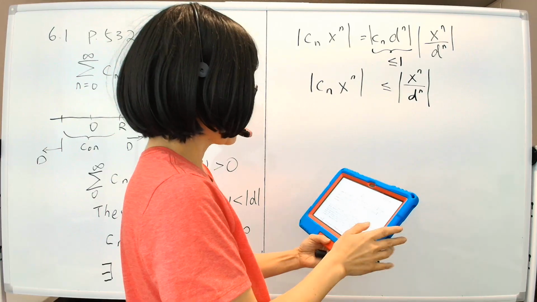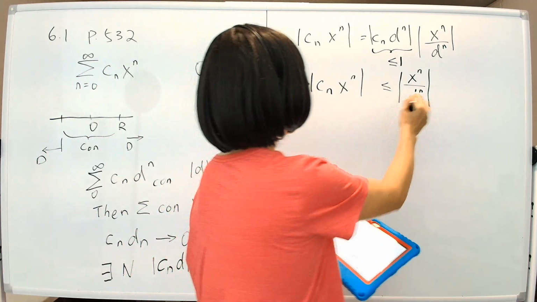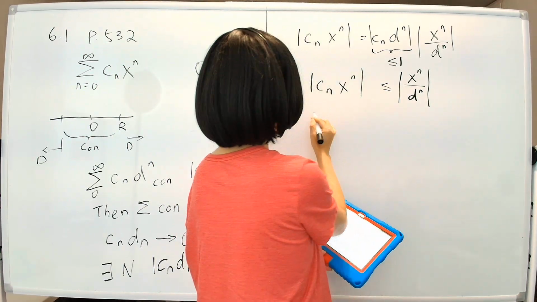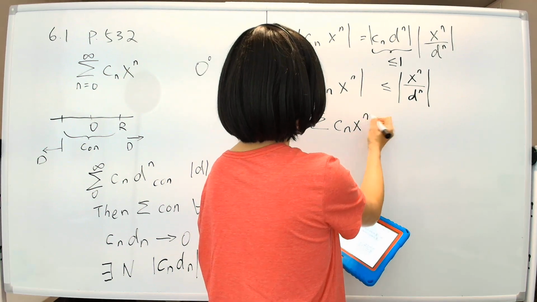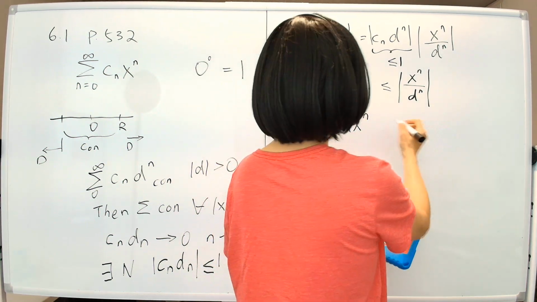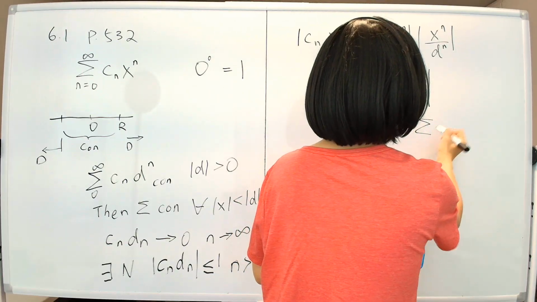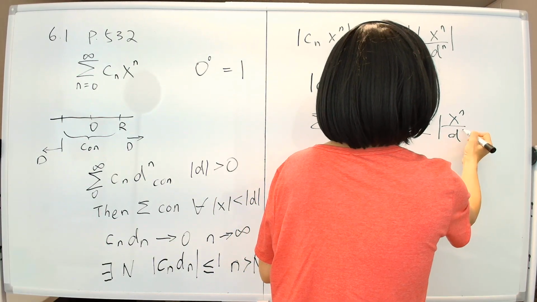Now, we are going to look at the series themselves. So then the series, the original series, this is our series xn, is going to be less than or equal to the series of this thing. Now, what is this? This is dn.